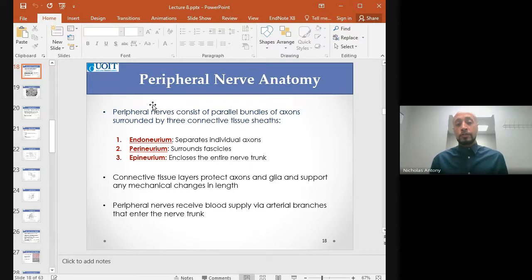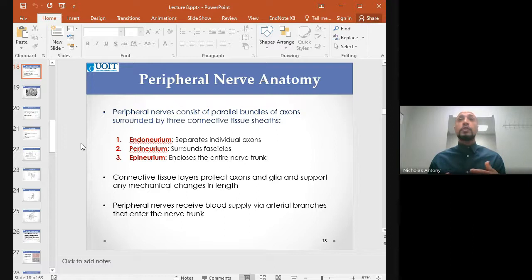There's 3 layers of connective tissue in our peripheral nerves: the endoneurium, which is closest to the inside, perineurium, and epineurium. The perineurium surrounds fascicles, just like muscle fascicles, or groups within the nerve. And then epineurium is like the dura mater that would encapsulate the entire nerve.